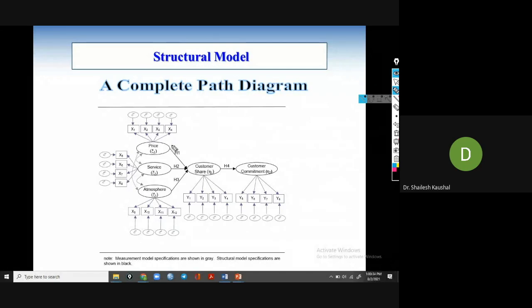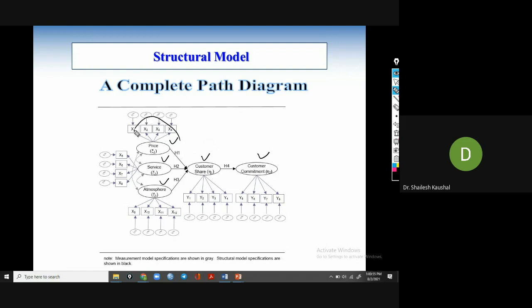So the factors are: factor one price, factor two service, factor three atmosphere, factor four customer share, factor five customer commitment. So to explain, basically it's confirmatory. There are two things.